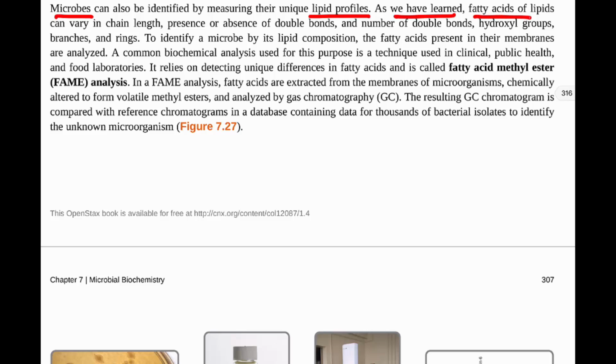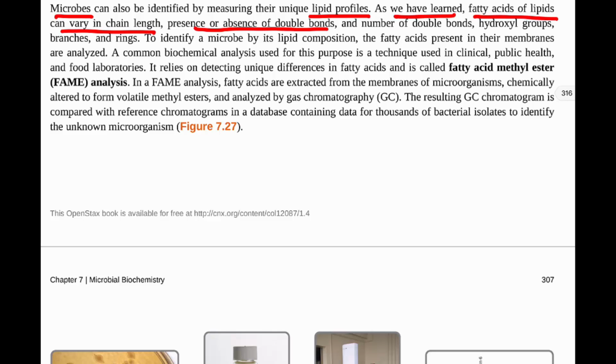Remember, fatty acids vary in chain length, so we can have very long fatty acids or shorter fatty acids. Also, the presence or absence of double bonds, so we can have saturated fatty acids or unsaturated fatty acids, depending on whether they're single bonds, which are saturated fatty acids, or double bonds, which would be an unsaturated fatty acid.